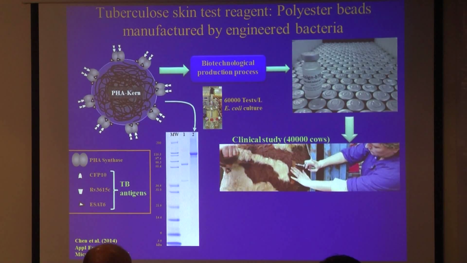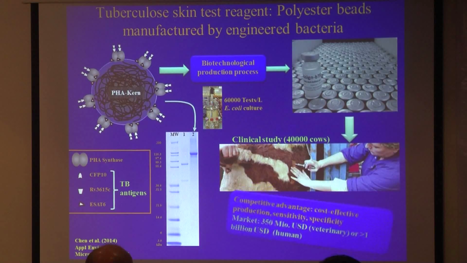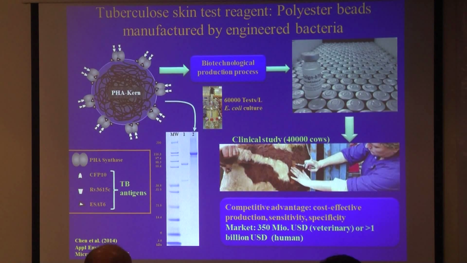You can load the beads on a gel and you see the protein, and then you can inject it into cattle. We have now tested 30,000 cows in New Zealand with very good results, 4 times more specific than the commercial offering, cost-effective production. We are now looking into the human market as well. So the veterinary market is about $350 million, and the human market is expected to be much bigger.